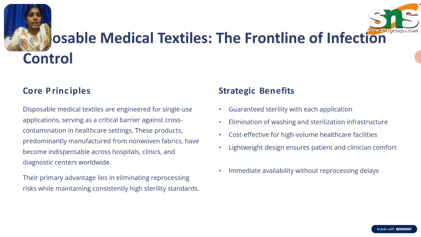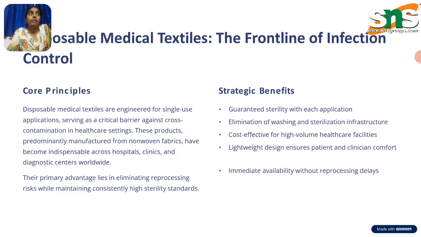Next are the strategic benefits: guaranteed sterility with each application. From top to bottom, we can use different medical textile products, from napkins, tissues, masks, gloves, and caps, whatever we need. Then, elimination of washing and sterilizing infrastructure.